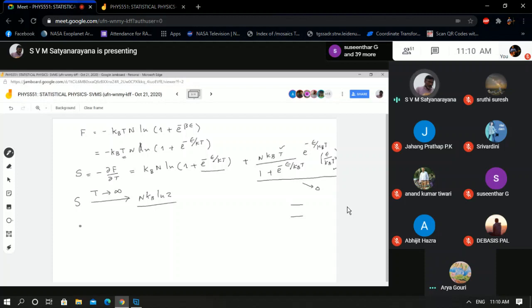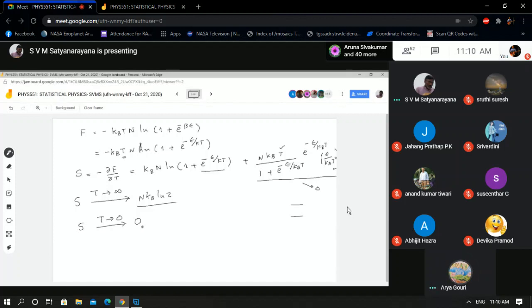But what do you physically expect? Physically entropy should be minimum when temperature is very low. As temperature goes to 0, what do you expect? It should be a very low entropy. So you expect it to be 0?